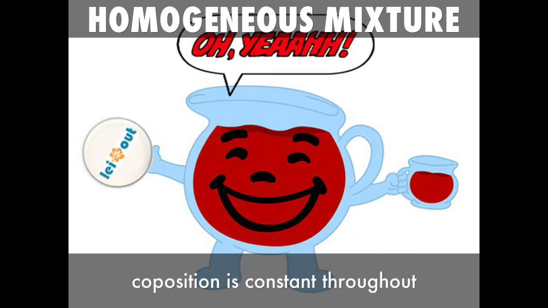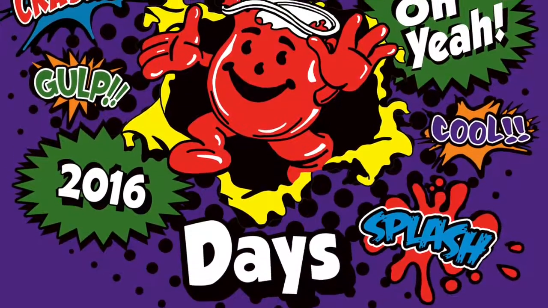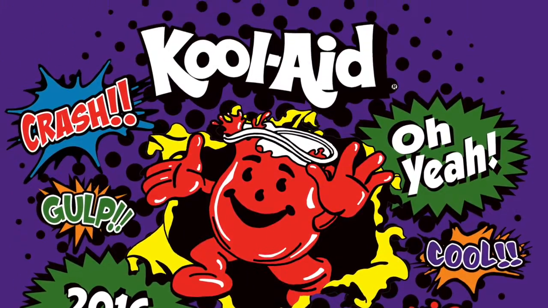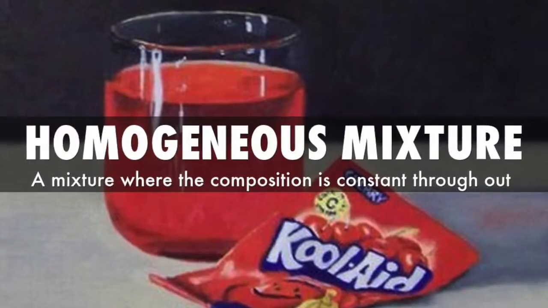The solution I chose was Kool-Aid. Kool-Aid is sugar, water, and flavor powder. To create this Kool-Aid, the sugar dissolves in the water when it's heated and it changes color. This is a homogeneous mixture, so it cannot be easily separated, but it can by means of evaporation.